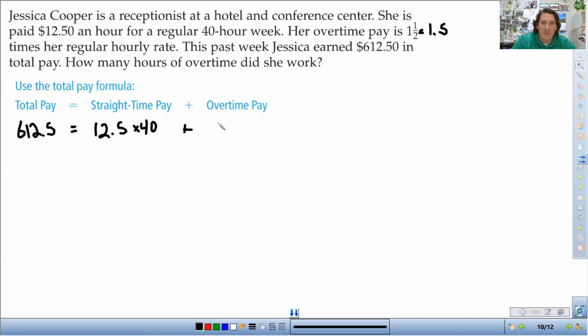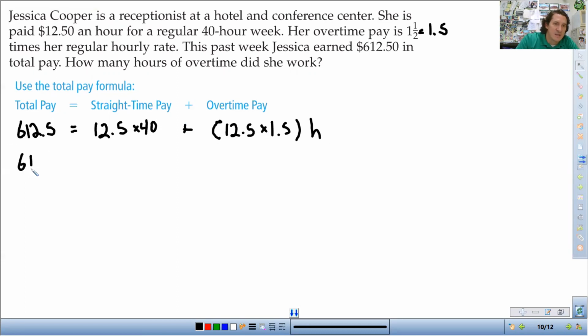Plus her overtime rate, so that's $12.50 times 1.5 times H, because we don't know how many hours she worked. Now we need to solve this equation.